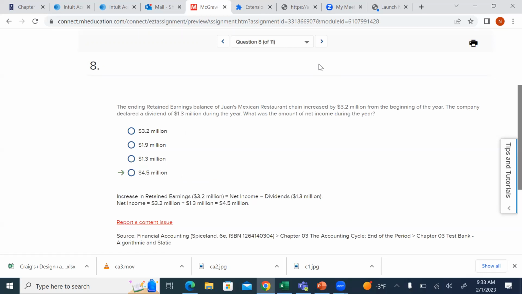Under retained earnings, beginning balance plus net income minus dividends equals the ending balance, right? So if they're saying it increased 3.2 million, but they paid dividends of 1.3, didn't the income have to be 4.5 million? Yeah, no.